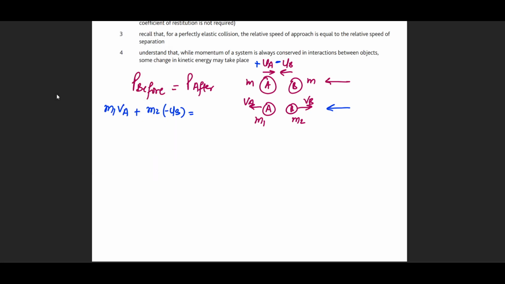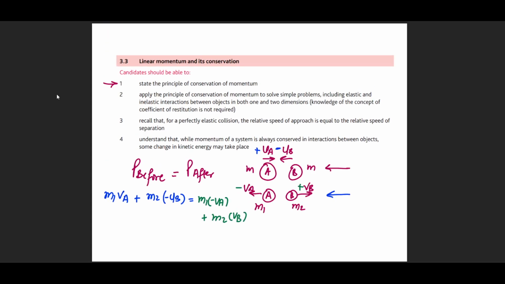That will be placed like this: if VA is moving towards the left side, it will be negative, and VB will be positive. So this will become m1 with the negative VA plus m2 with the positive VB. So that is how the first point is being applied.